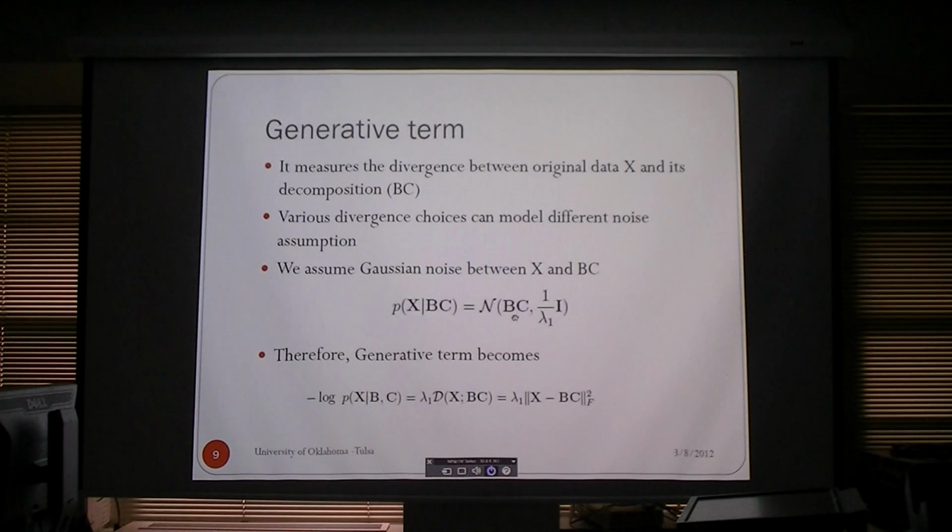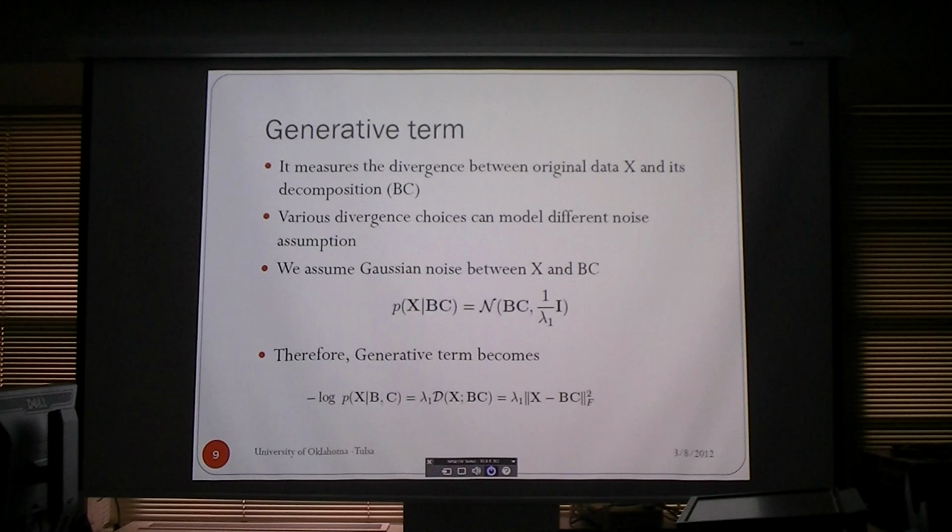We start with the generative term. The generative term measures the divergence between the original data and BC, and based on the assumption of the noise between the original data and the decomposed matrices, we can define the generative term.